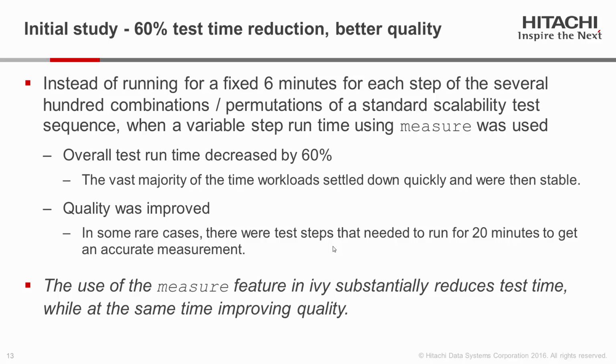And what we saw was that the overall test runtime decreased by 60%. And this is because the vast majority of the time the workloads settled down quickly and were then stable, so we didn't need to test for very long.